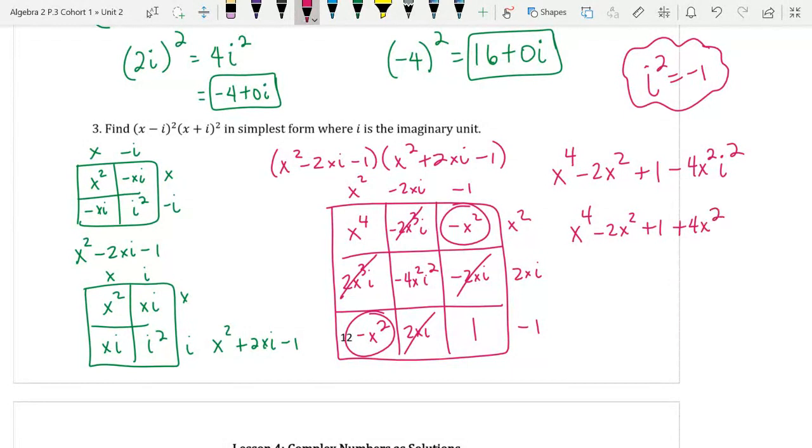I'm just going to take the i squared away and change whatever the sign is that it's attached to. So I have another like term. Negative 2x squared plus positive 4x squared gives me positive 2x squared. And there is my answer. Hopefully you were able to do a lot of this yourself, and I will see you soon.